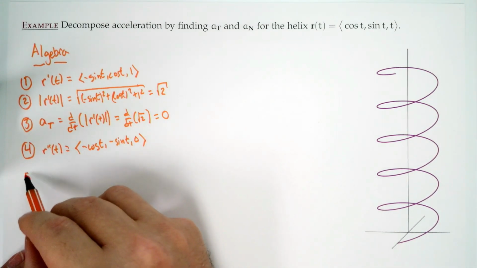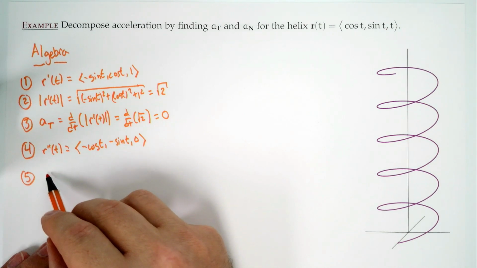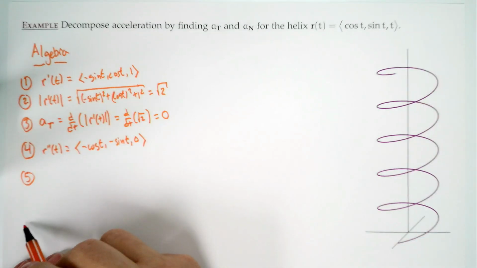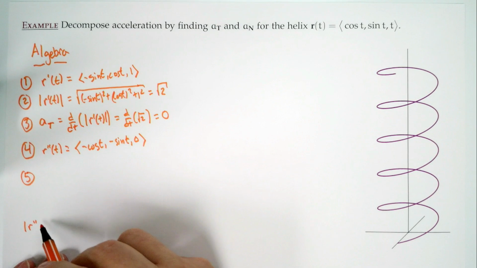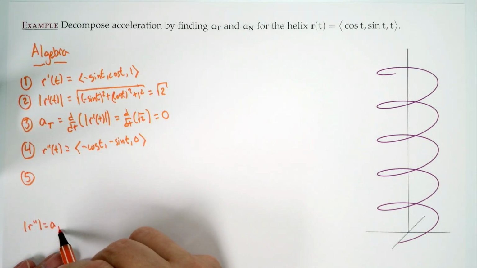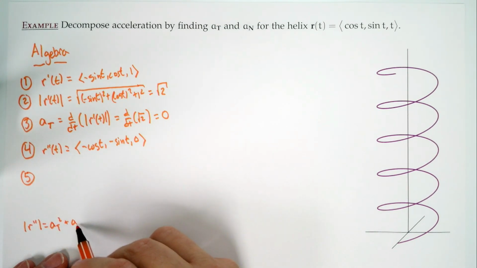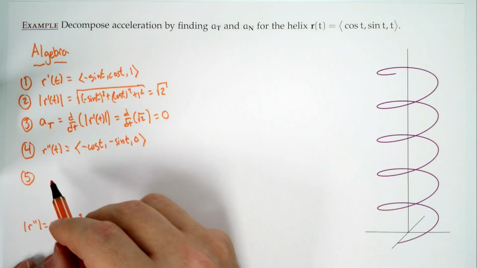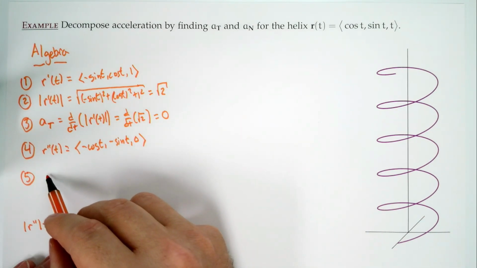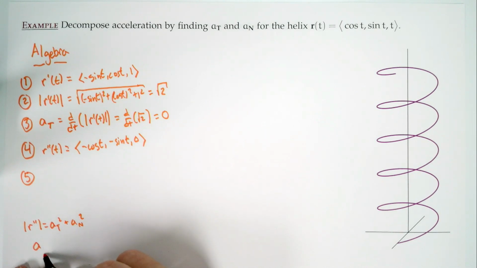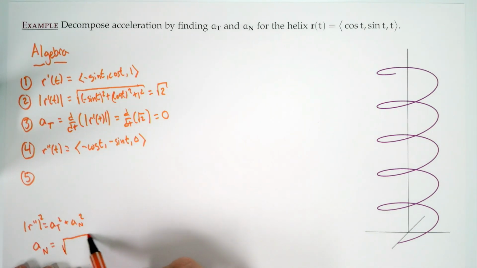Now, step 5 says the following. Let's just do a little quick side note here. Magnitude of r prime is equal to a sub t squared plus a sub n squared. And therefore, if we rewrite this, a sub n is the square root of magnitude of r double prime squared minus a sub t squared.